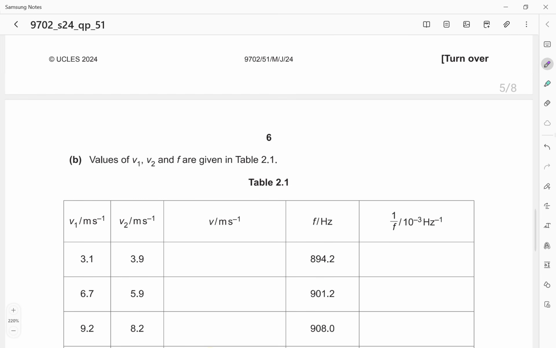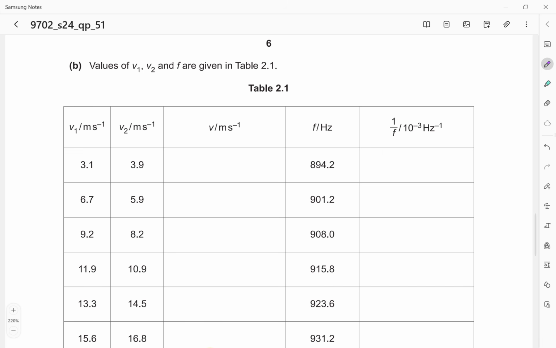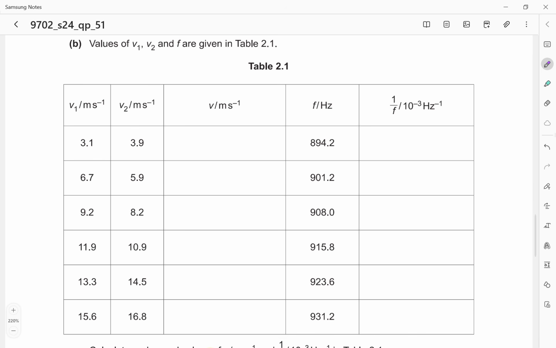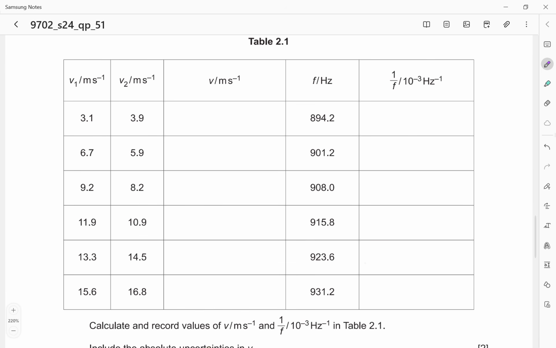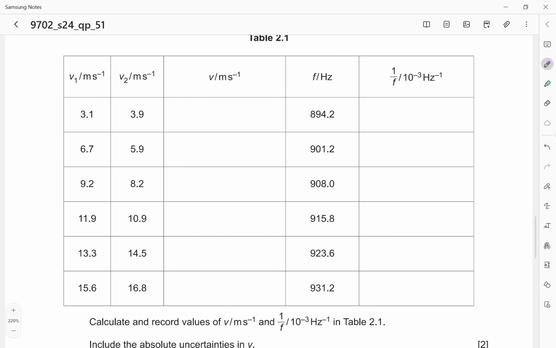Values of V1 and V2 and F are given in the table. Okay, so we are going to get the average. Calculate and record V. Remember, V is the average. So here we're just going to maintain the number of decimal places because we're just adding and dividing by 2.